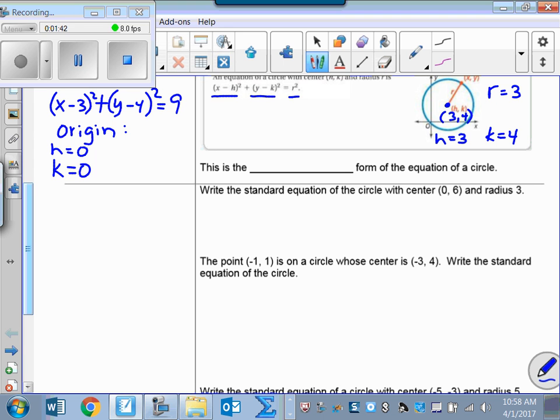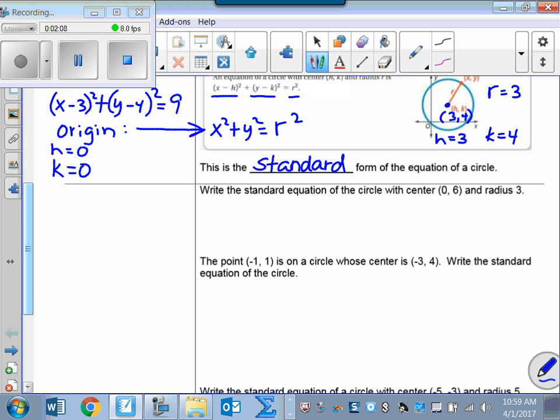So the standard equation for a circle whose center is at the origin would just be x squared plus y squared equals r squared. So if your center is at the origin, that's your equation. If your center is not at the origin, then you figure out where h and k are and you go from there. And as I've been saying, this is the standard form of the equation of a circle.